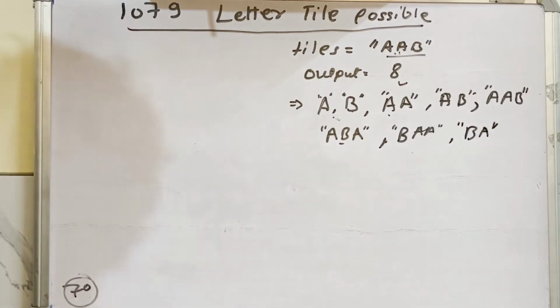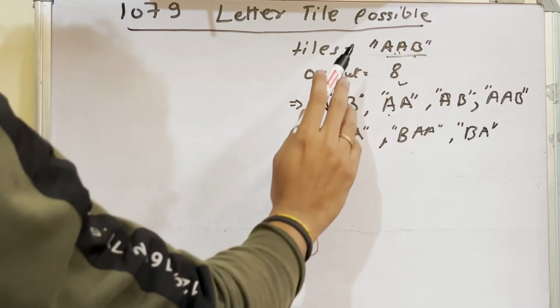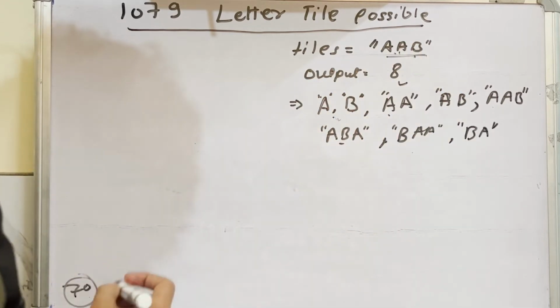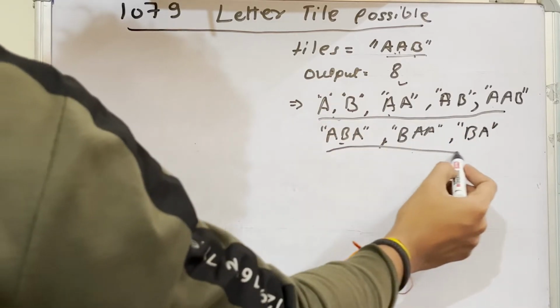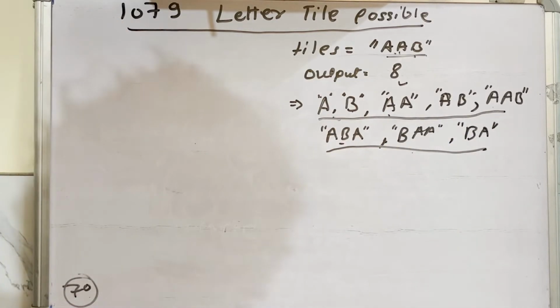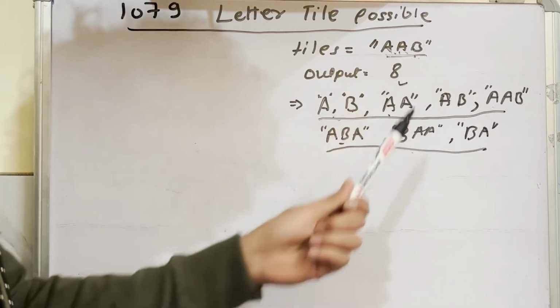Okay. So what is the catch in this question? The catch is, if you think you have to return the number of possible combinations, yes, it is asking that. But if you look at all of these possible sequences, you will find that this string has repeating characters.